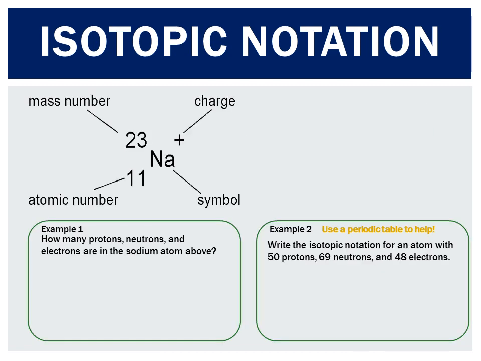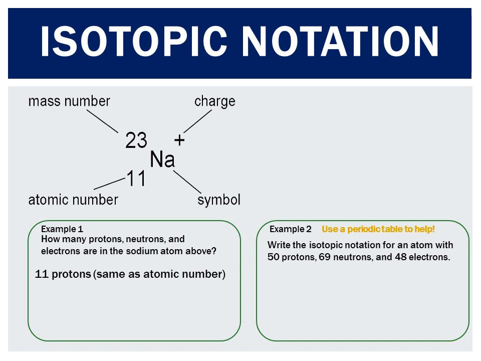All right, so let's do two examples. We'll definitely dive more into this in class tomorrow, but two examples. First one, how many protons, neutrons, and electrons are in the sodium atom above? So let's look. We have sodium here. In the bottom corner, we have the atomic number, that's 11. Remember, the number of protons is always the same as the atomic number. This provides the identity of the element.